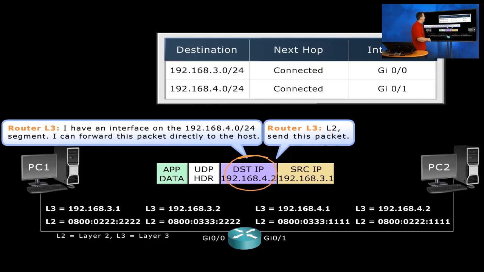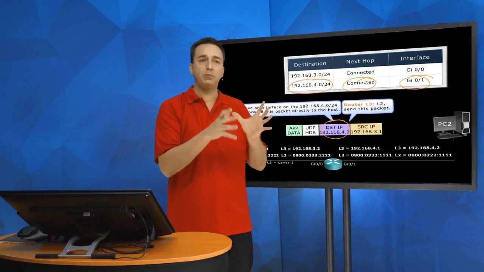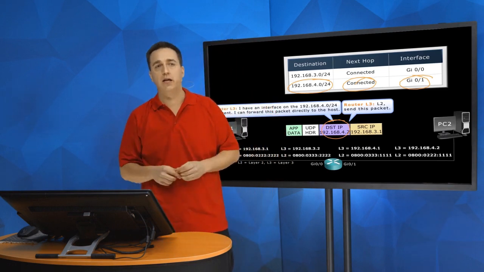So in this case, the best match says that 192.168.4.2 is part of this network of 192.168.4.0/24, and it's directly connected out gigabit 0/1. So now the router has identified that this packet must go out gigabit 0/1.